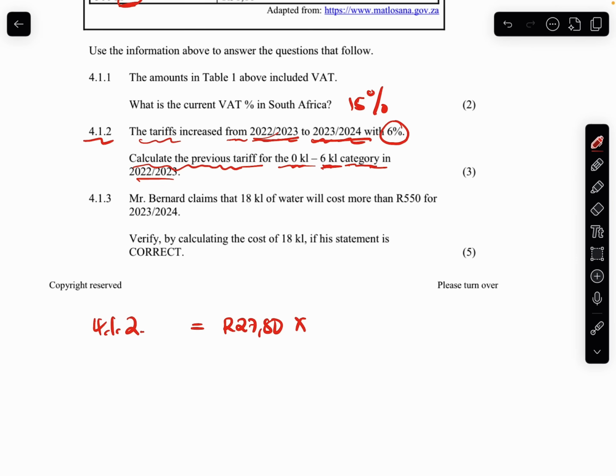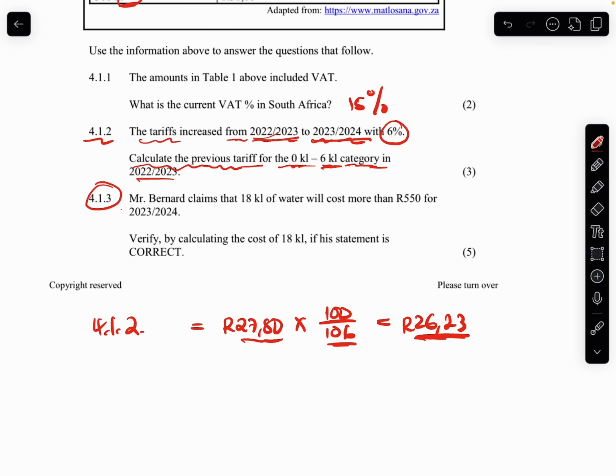We are removing the 6%, so we say 100 divided by 106, where 106 is the 100% plus the 6%. When you punch that in the calculator, 27 rand 80 times 100 over 106 is 26 rand 23 cents. So it was 26 rand 23 cents before.